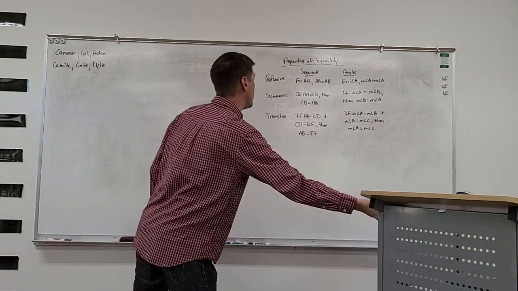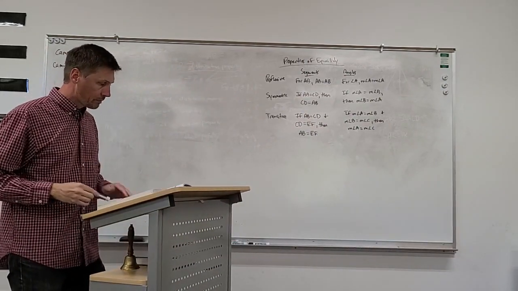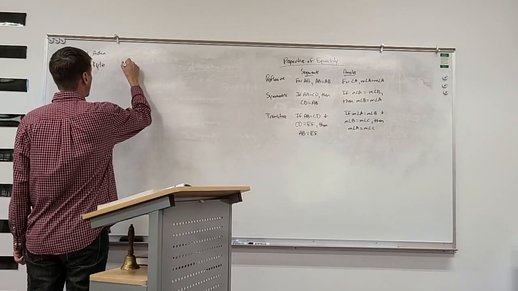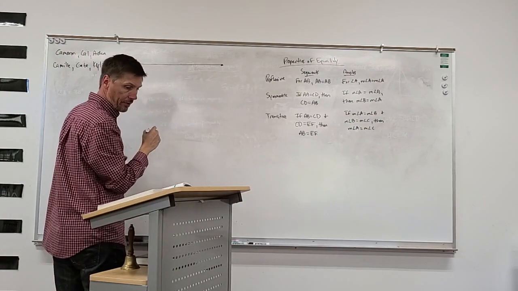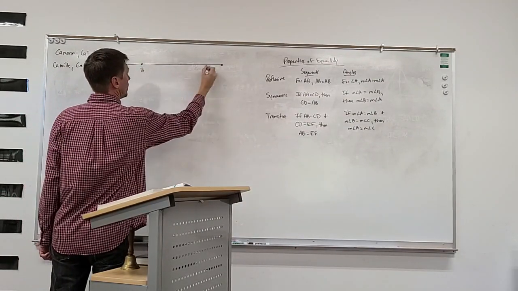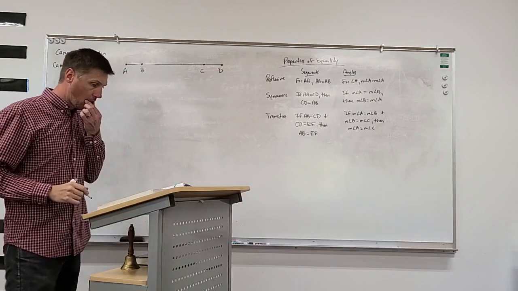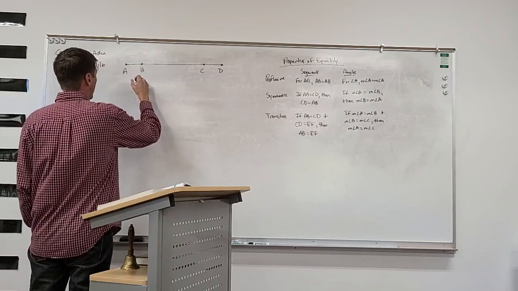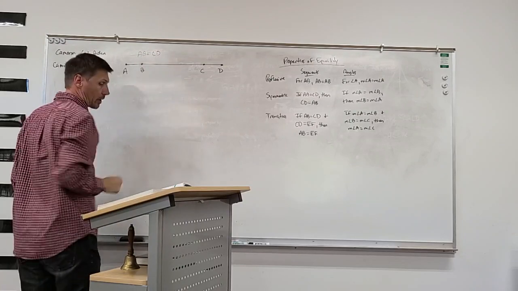We have an example in the book. It gives a line segment like this, with points A, B, and then C, D. They tell us that AB equals CD, okay?